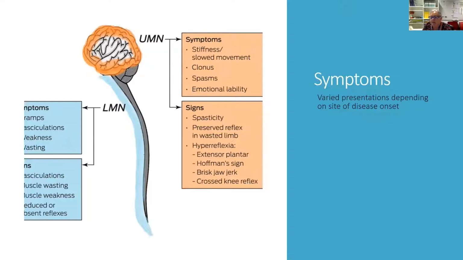So it depends on your diagnosis and what your symptoms will be. But hopefully we'll cover some of these symptoms that occur with people today.